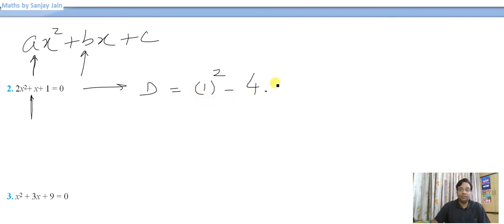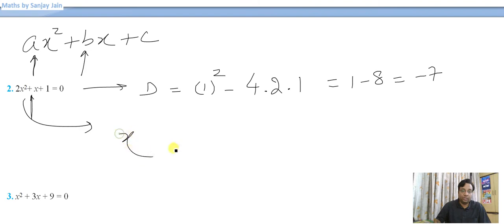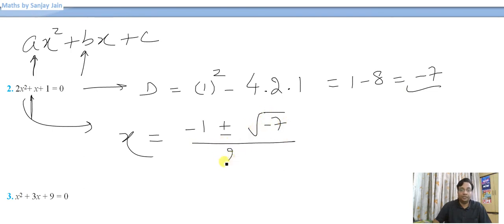So b squared minus 4ac, that is 1 minus 8, that is minus 7. So discriminant is minus 7. Let me write the solution directly. x equal to minus b plus minus root of d, that is root of minus 7, upon 2a, that is 2 into 2. So it is equal to minus 1 plus minus root 7 iota divided by 4.